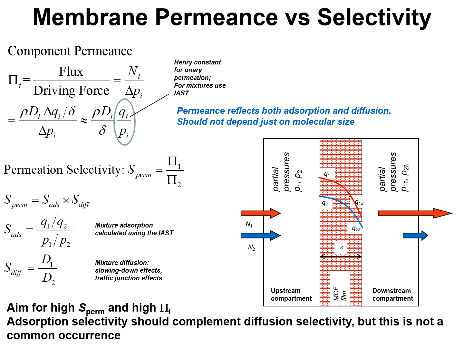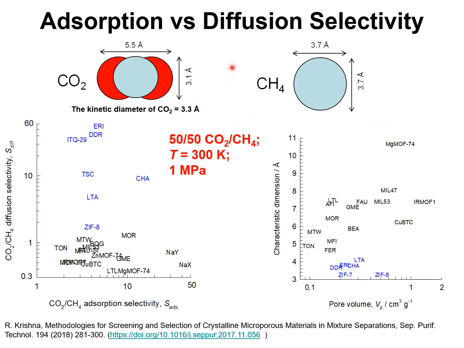membrane structures. Let us start our discussions by considering the separation of mixtures of carbon dioxide and methane. Let's take as an example 50-50 CO2/CH4 mixtures at a temperature of 300 Kelvin and a total pressure of 1 megapascal.